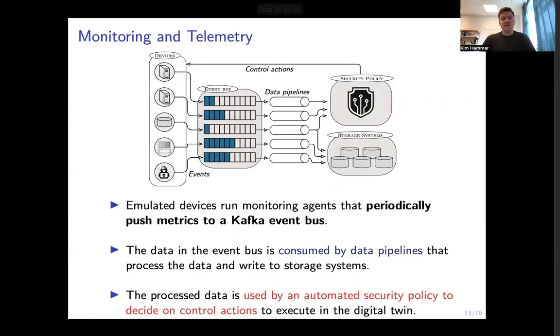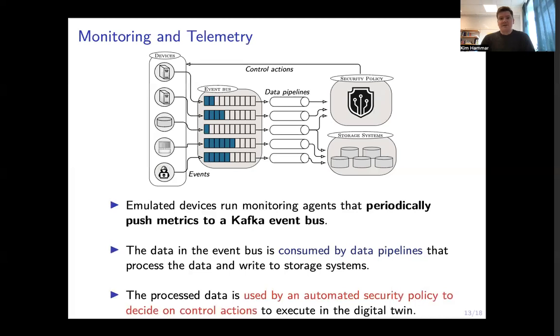To collect the data from the digital twin, we have a monitoring system where on each of the emulated devices, so on the containers, we run monitoring agents. These agents scrape log files, collect events, metrics, and other performance measures of the node, and they push all of that data to an event bus that we have implemented with Kafka.